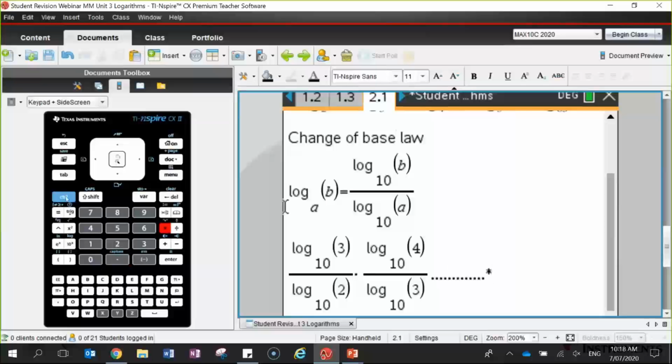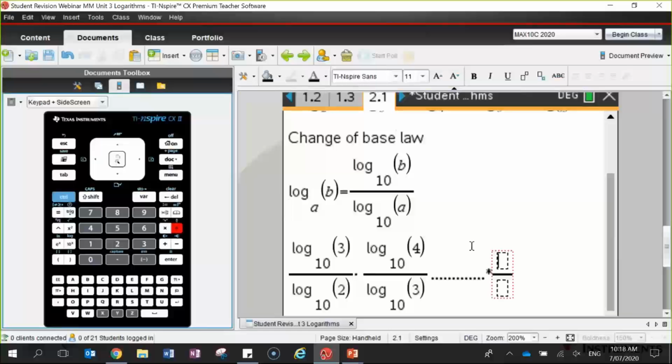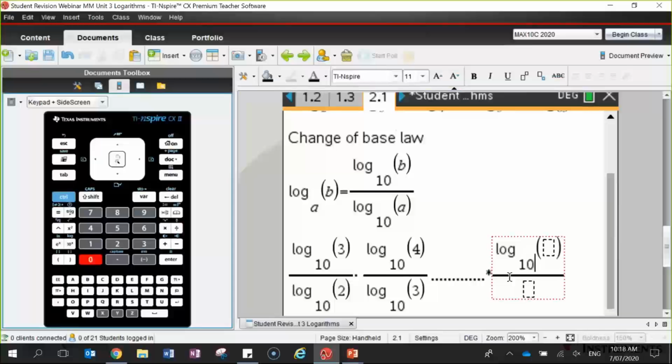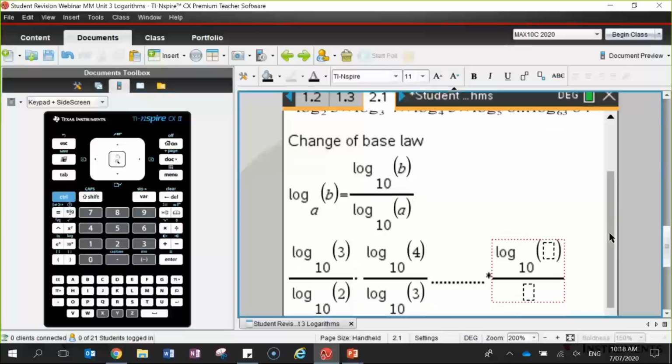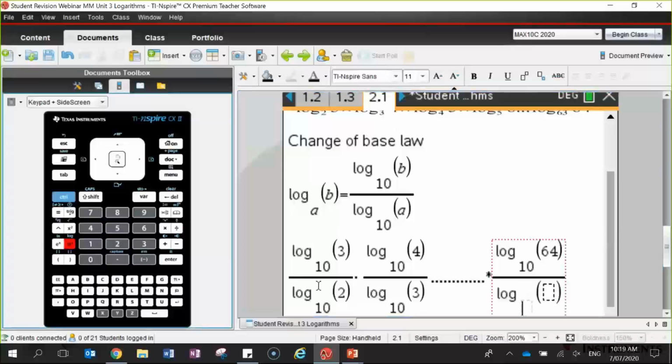My very last fraction is log base 10, with 64 in the numerator, and log base 10 of 63 in the denominator.